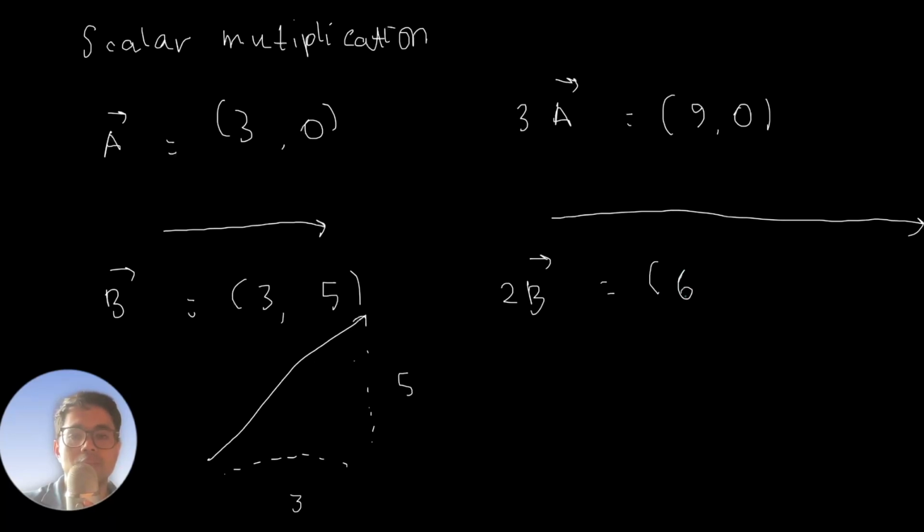So this would be 6 and this would be 10, which means we have a longer vector.